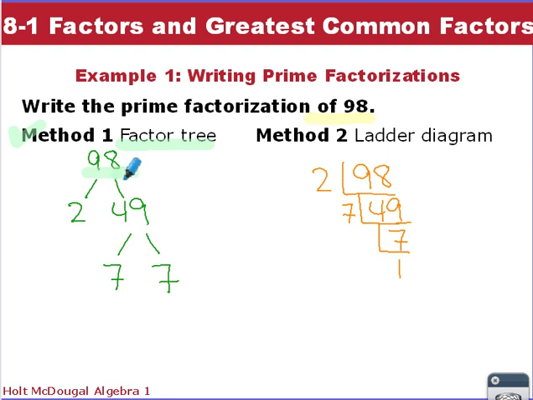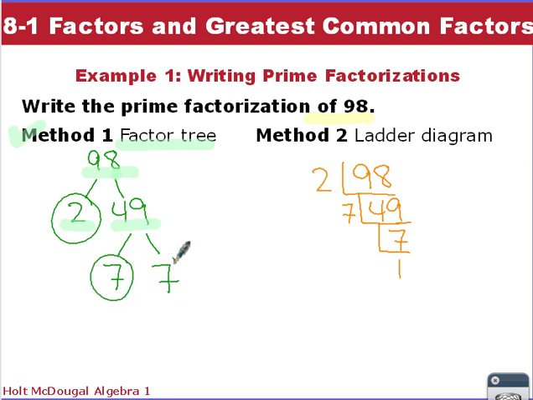From 98, we know 98 is even, so it's divisible by 2. And 2 times 49 will give us 98. 2 is a prime number, so we can go ahead and circle that. That's the end of that branch. But 49 has two factors, and those two factors are 7 times 7 is 49.